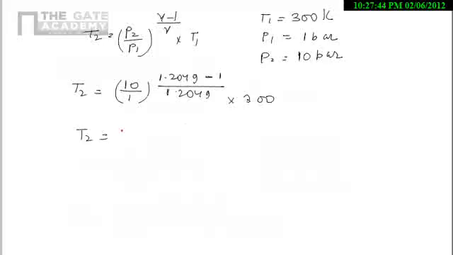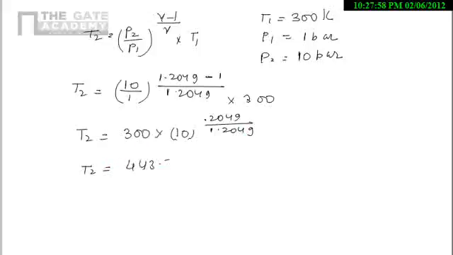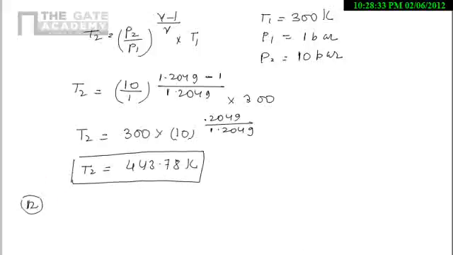So T2 will be 300 into 10 to the power 0.2049 divided by 1.2049. This value will come 443.78 Kelvin. So the correct answer is 443.78 Kelvin.